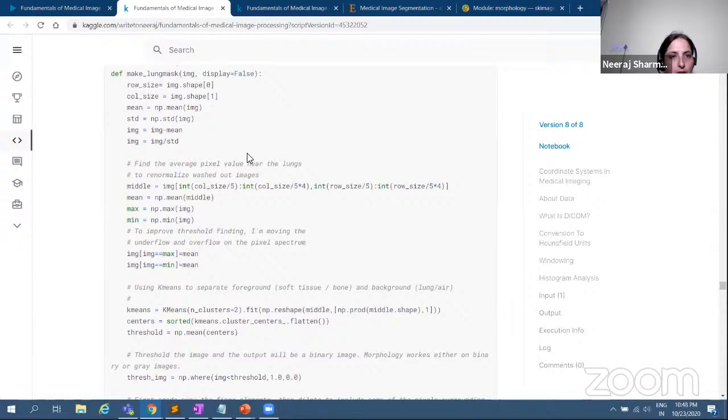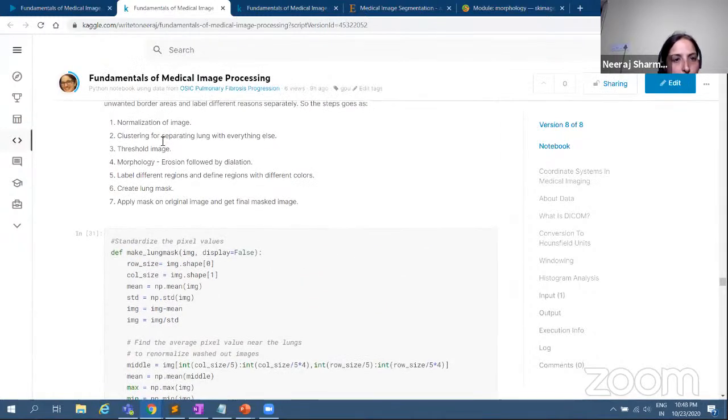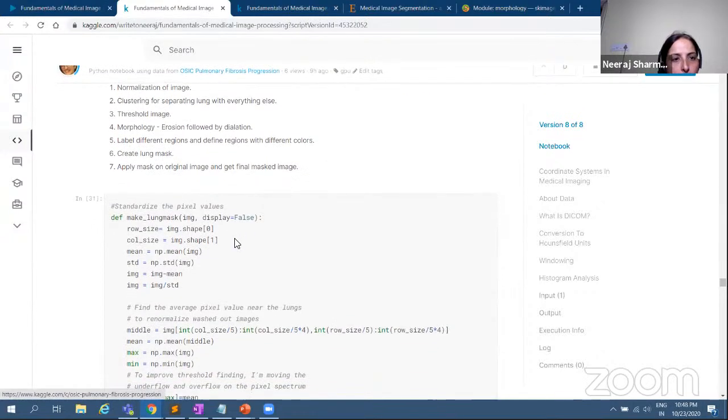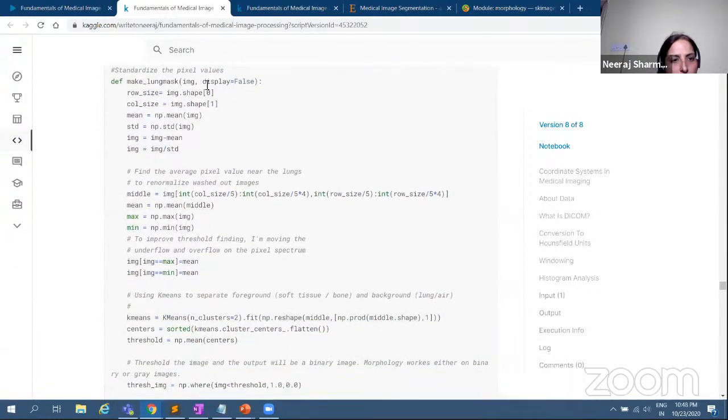So let's quickly wrap up this last topic. As we have gone through the steps, we are normalizing the image, then clustering, thresholding, morphology, labeling. Then we create the lung mask and then apply the mask. So these are the steps. Here we are just doing the normalization of the image, the mean, then the standard deviation.